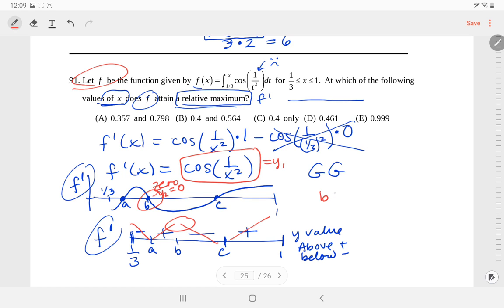So this B is 0.460658887. And so it says X value. So that would be 0.461 because that would round up. So D. If you wanted to know the actual maximum, you would have to substitute it into the main equation.